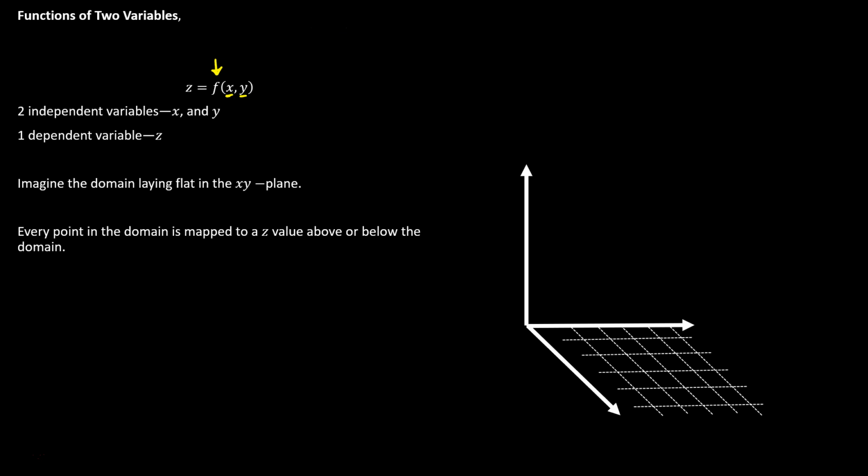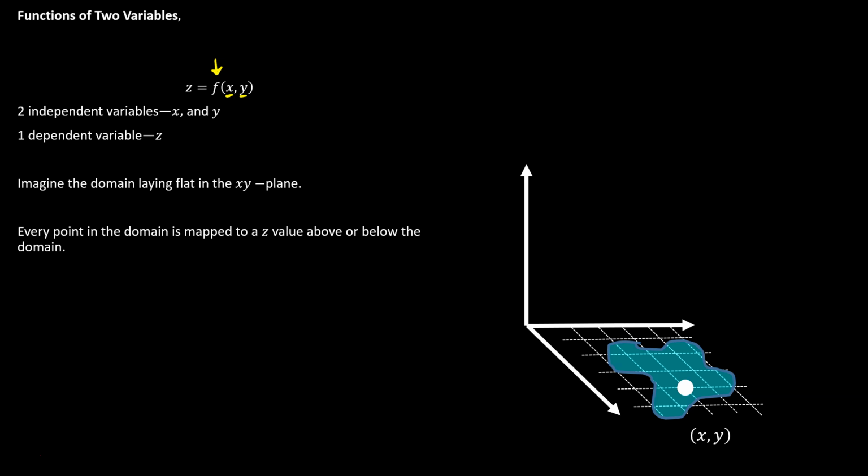To graph a function like this, first we're going to picture the domain of the function. These are all of the combinations of x and y that the function can handle. So let's picture that domain as a section in the xy plane, like you see in this blue blob. Inside of that blob, I have all of the ordered pairs x, y that I'm allowed to plug into the function f.